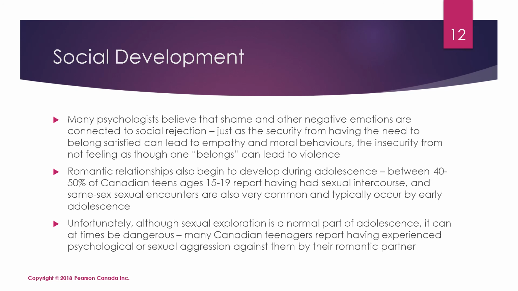Romantic relationships tend to begin during adolescence. It's been shown that between 40 to 50% of Canadian teens ages 15 to 19 report having had sexual intercourse. Same-sex sexual encounters are also very common and typically occur early in adolescence. Unfortunately, although sexual exploration is a normal part of adolescence, it can at times be dangerous. There are many Canadian teenagers who report having experienced psychological or sexual aggression against them by their romantic partner.